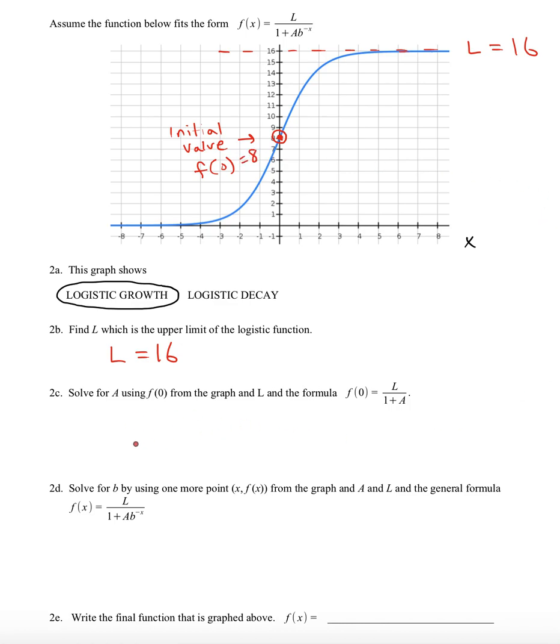So let's go ahead and plug that into the formula. 8 equals 16 over 1 plus A. I used that f of 0 was 8 and L was 16.